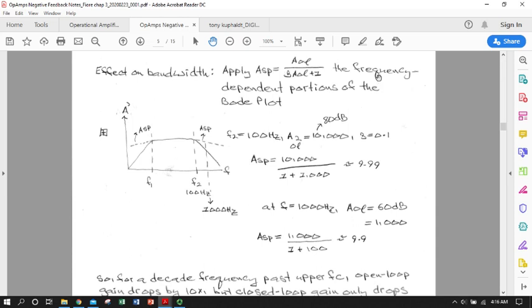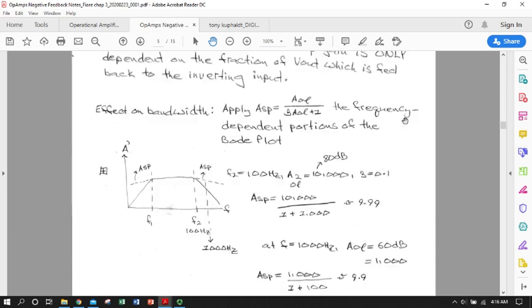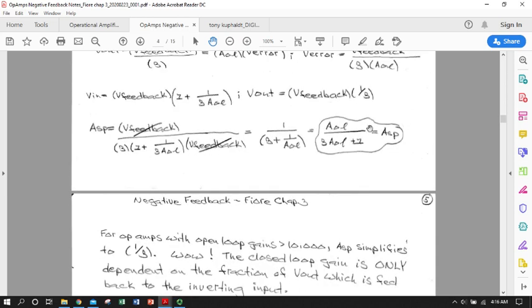At the end of our last recorded lecture, we derived this equation for closed loop op amp gain expressed as a voltage ratio for a series parallel, that is series on the input and parallel on the output configuration of negative feedback.